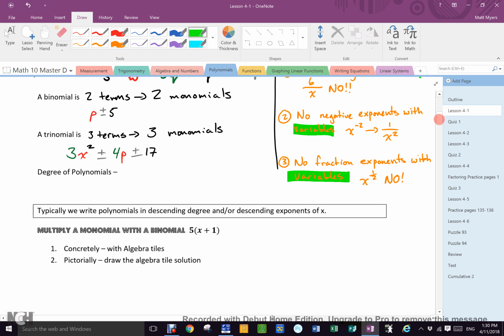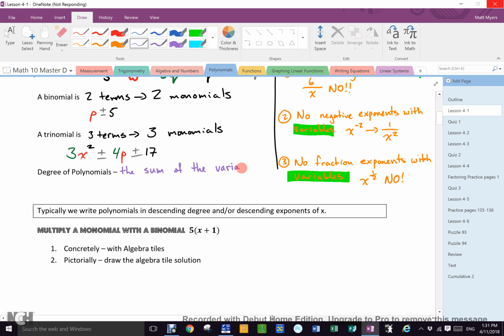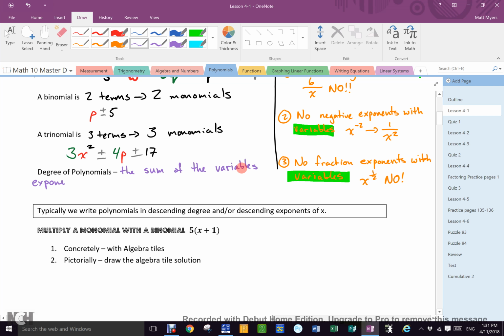The degree of polynomials is simply this: the sum of the variable's exponents in any one term.